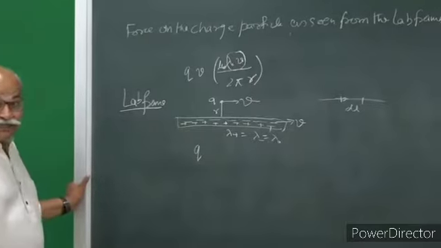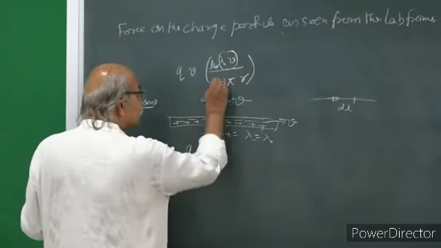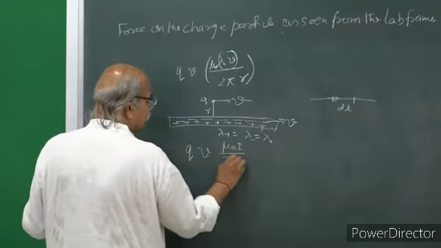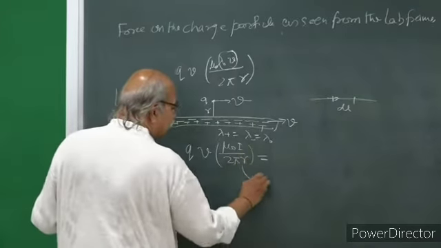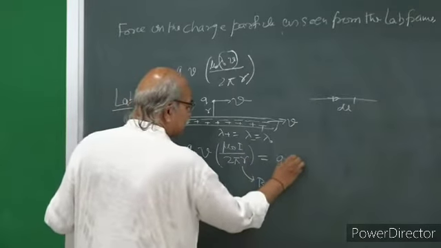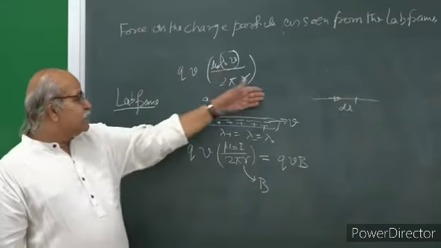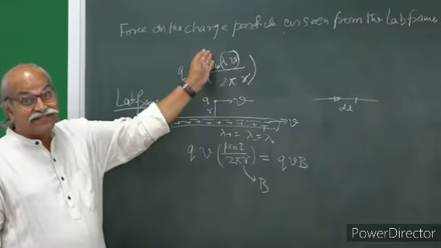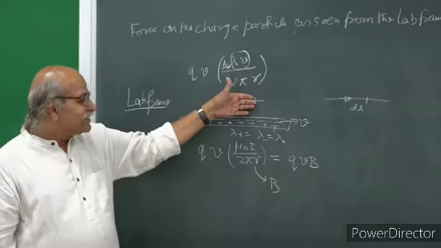This is our lab frame picture. So, q times velocity, and this is mu naught times capital I by 2 pi r. If I call it B, it is q times v times B. And what is the direction? The velocity is in this direction, the force is in this direction, because the separation is increasing.